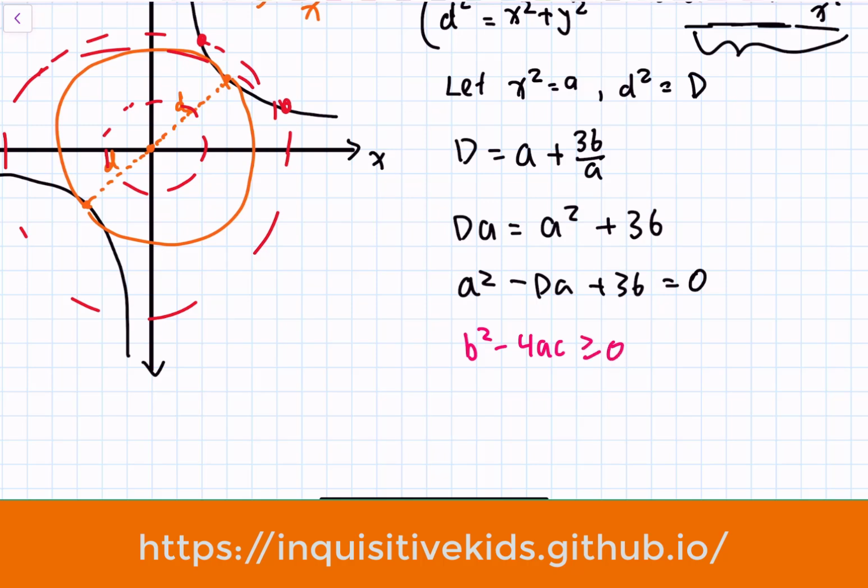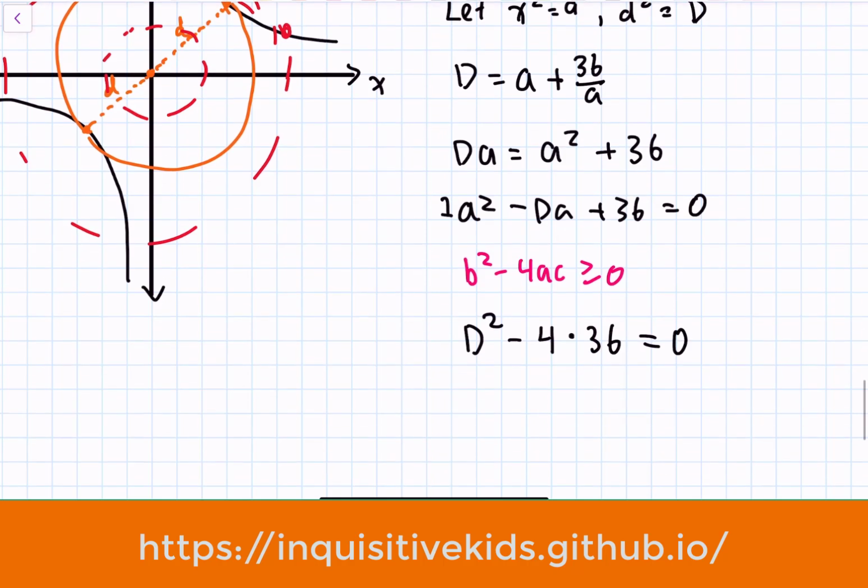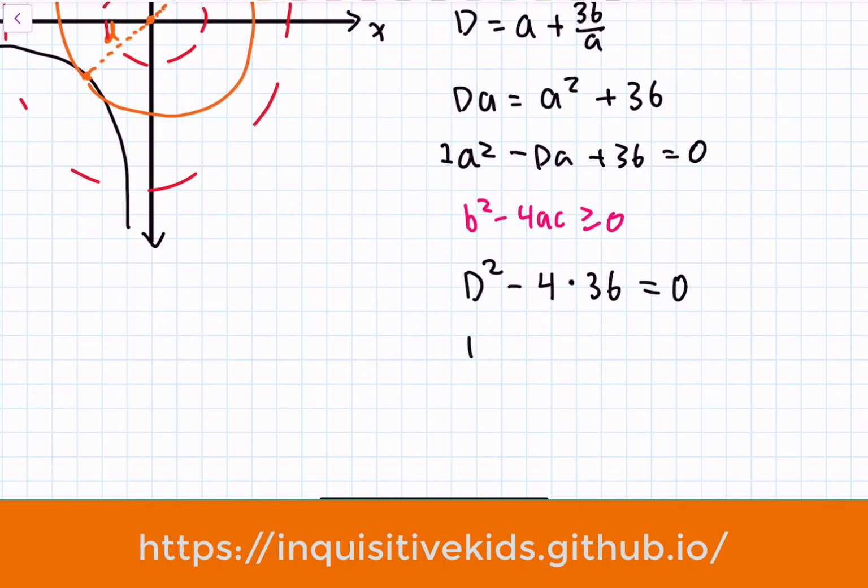In this case, b squared is the same thing as D squared, minus 4 times 1 times 36, which is equal to 0. So if we move this to the right, D squared is equal to 4 times 36.